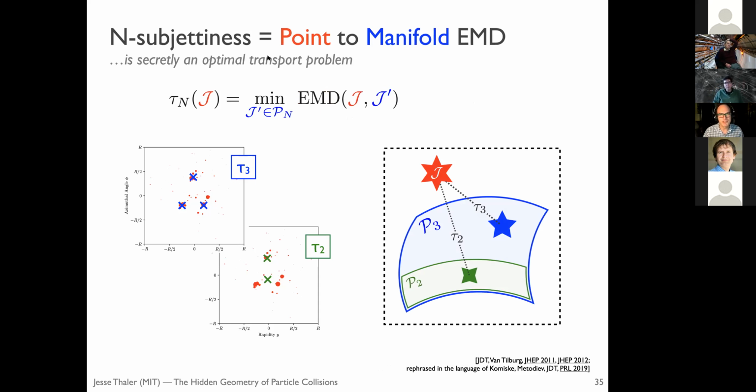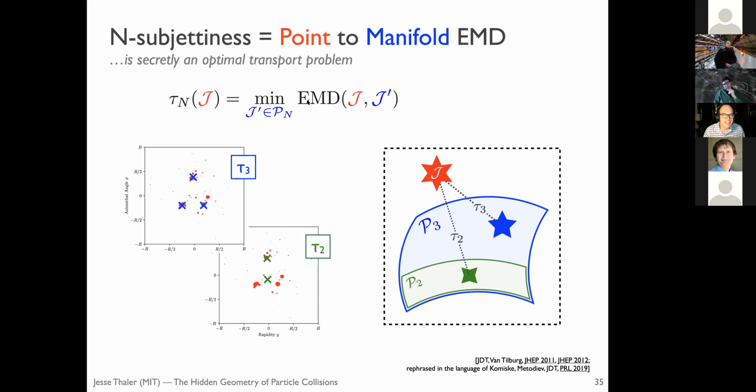That is, N-subjettiness literally is the point-to-manifold energy mover's distance. Tau3 is the distance between your jet and the 3-particle configuration. Tau2 is the distance between your jet and the 2-particle configuration. And this, in some sense, justifies why we wrote that ugly formula 10 years ago. And we did it because we were thinking about the singularity structure of gauge theories. The EMD properly respects those singularity structures.